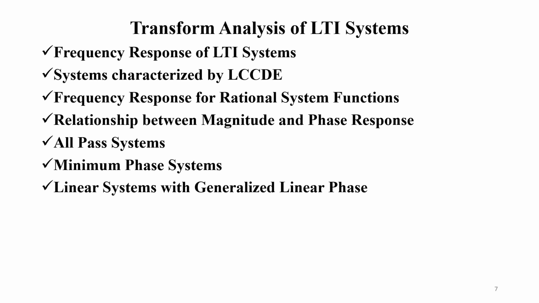For type 3 and type 4, we said these are the anti-symmetric cases. In case of type 3, the system has an anti-symmetric impulse response and M is even, whereas in case of type 4, the impulse response is again anti-symmetric and M in this case is odd.